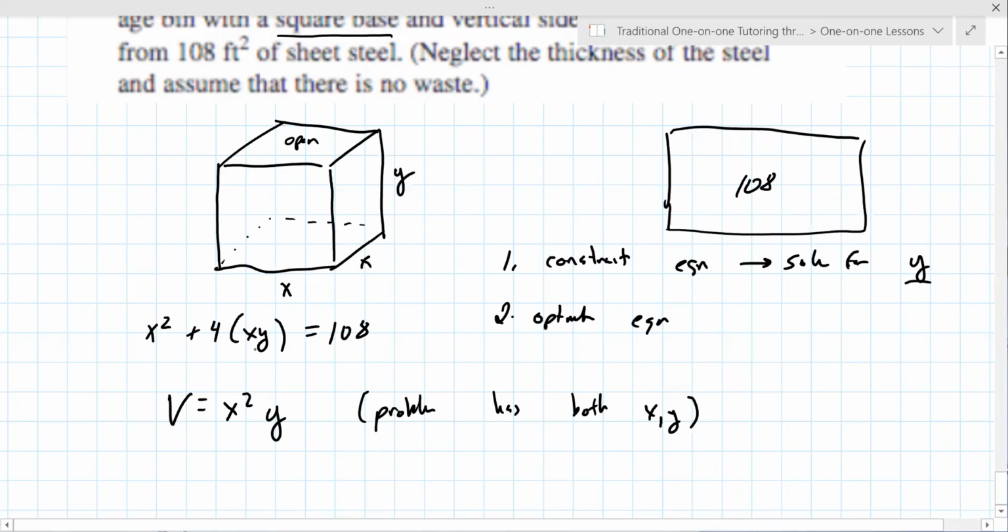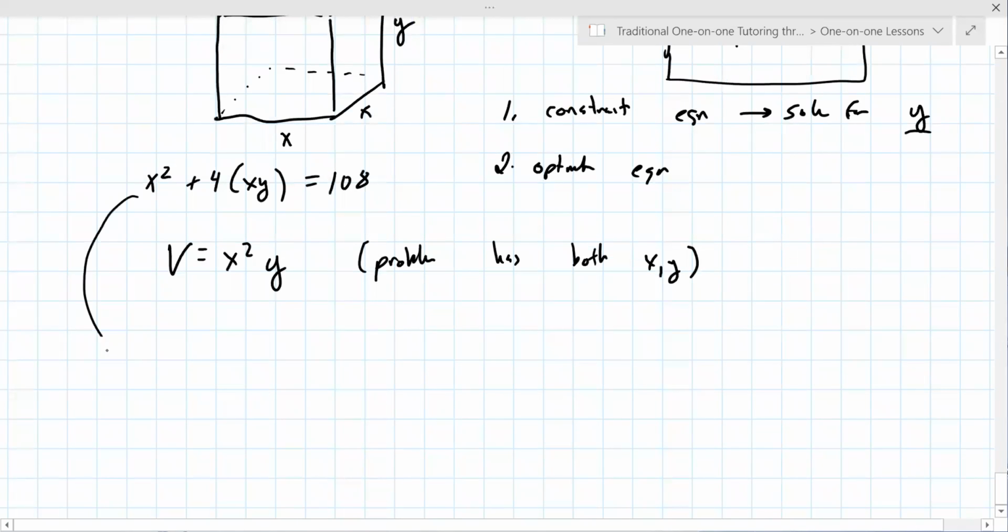Okay. So notice that this has x and y in it also, but you're not trying to optimize it. So you solve it for one of the variables, usually y. This one can be reasonably solved for y. 4xy equals 108 minus x squared, and then you divide both sides by 4x.